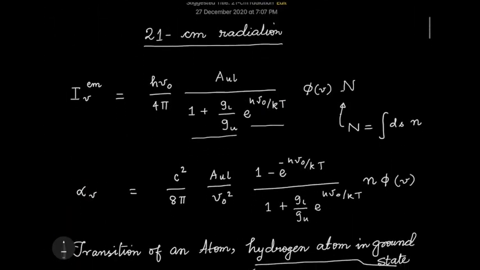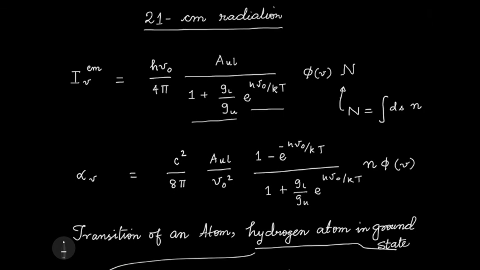Okay, so that's it for today. Today it became a little longer because today is also the last lecture in this unit, which is radiative transfer. So in radiative transfer, what we have done is we have looked at what we mean by radiative transfer, found the equation for radiative transfer, found solutions of it, then discussed it in detail for a two-level system, and then particularly for this 21 centimeter radiation, which is one of the most important radiations and tools in astronomy and cosmology.